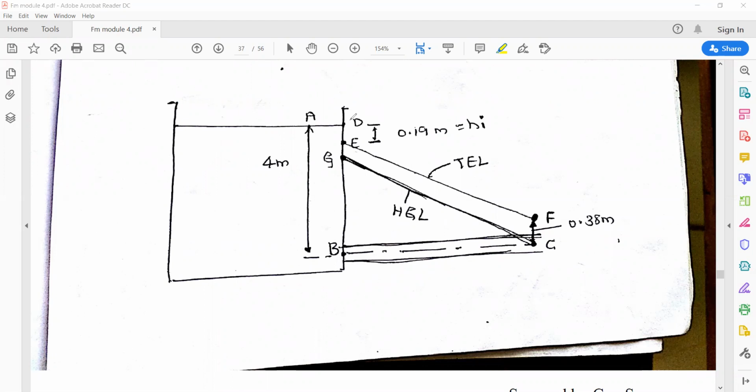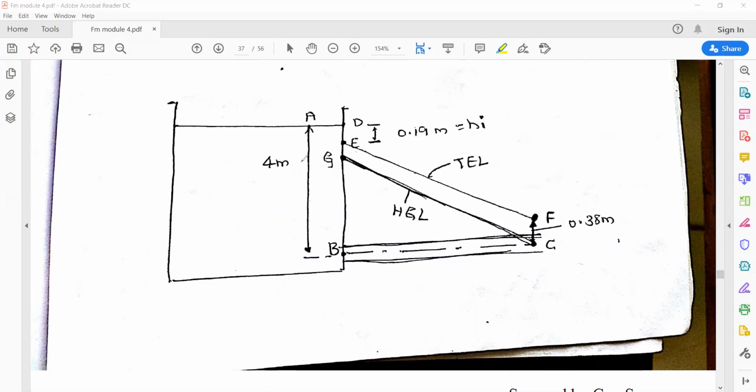Total energy means you need to consider all three heads: pressure head, kinetic head, and potential head. Pressure head is P by rho G, plus kinetic head V square by 2G, plus potential head Z. Am I right?